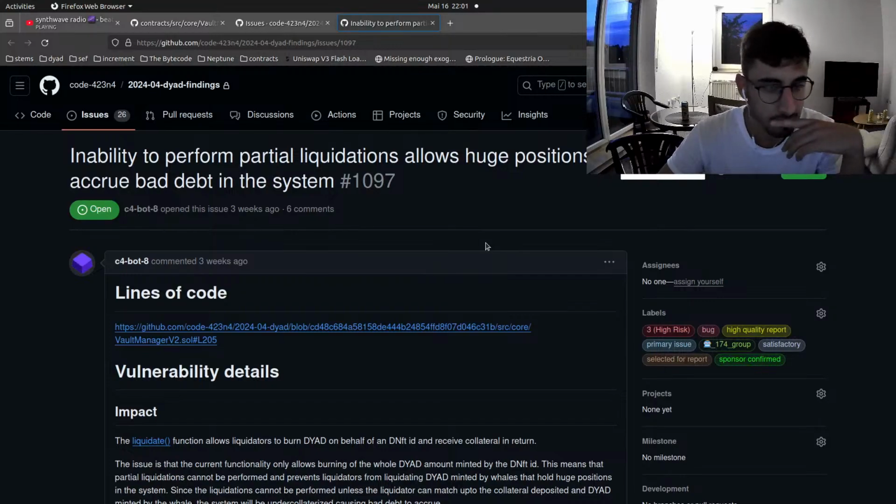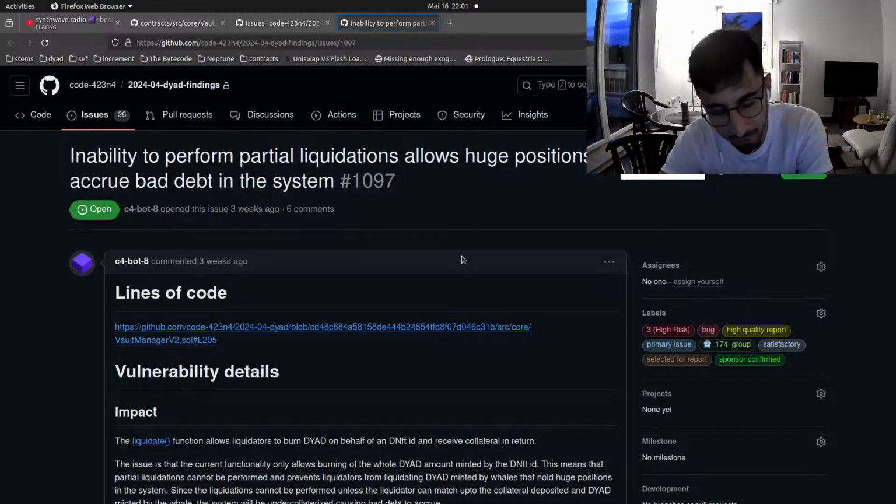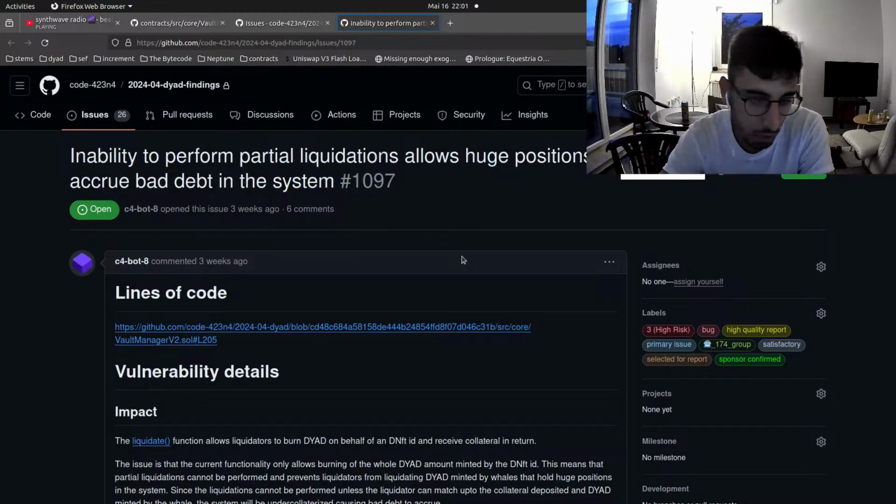Inability to perform partial liquidations allows huge positions to accrue bad debt in the system. So in V1, how the liquidation worked is you had to liquidate the whole position.